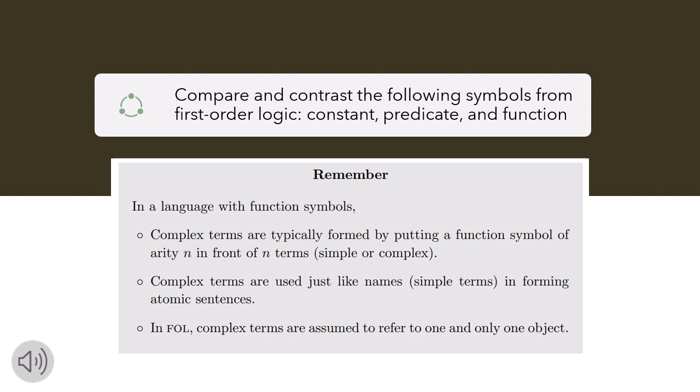But it turns out that in mathematics, there are lots of applications where these function symbols are incredibly important, especially in things like algebra, where you look at groups and rings and things like this. So we'll try to bring it a little more to the forefront here. And then I'll point out again that last term there. In first order logic, complex terms are assumed to refer to one and only one object, right? So just one.